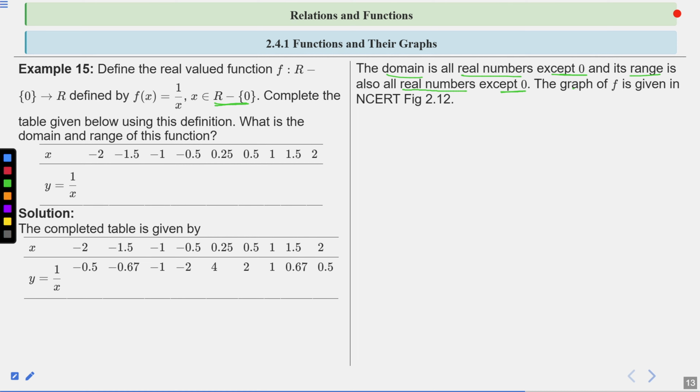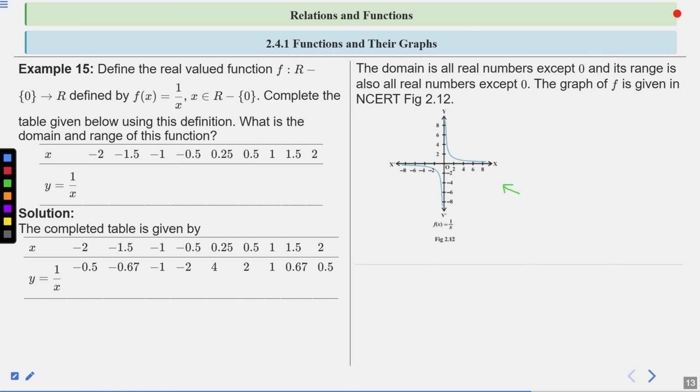Clear? Now what about its graph? Quite simple. We have already seen inputs and outputs, meaning we can easily put our coordinate points on the Cartesian plane in order to get the graph. By just putting these points, you will get the idea of how my graph will look. So your actual graph will look like this.